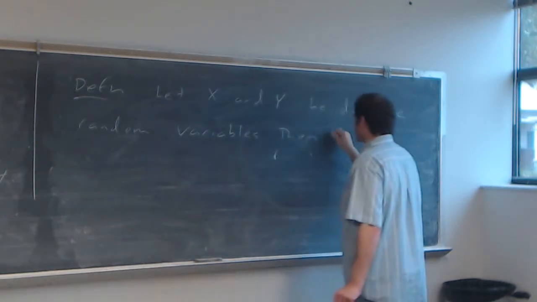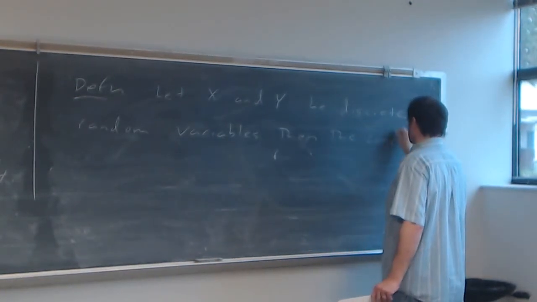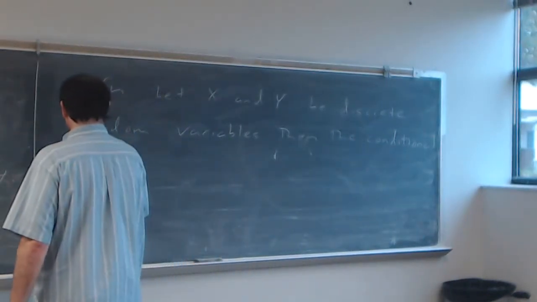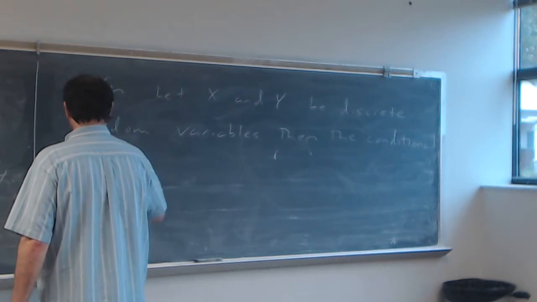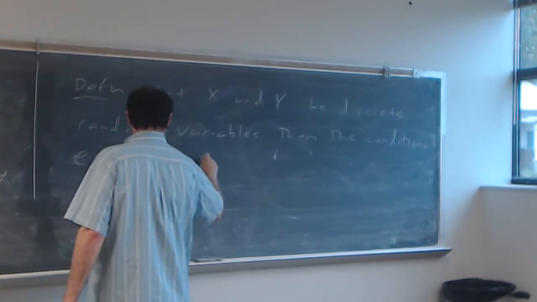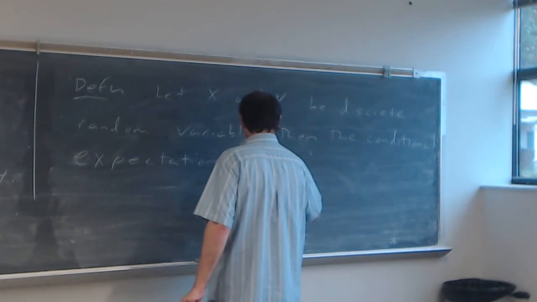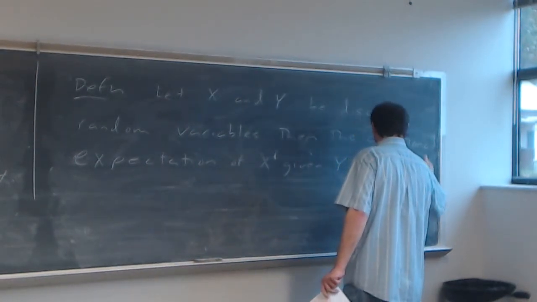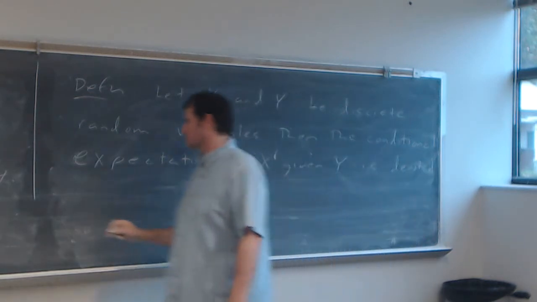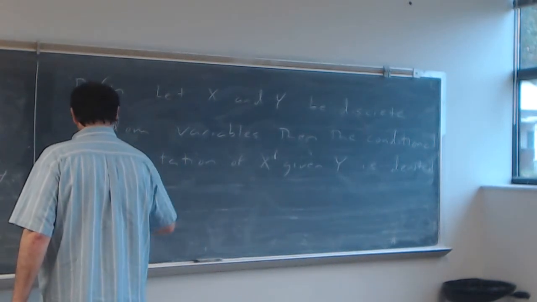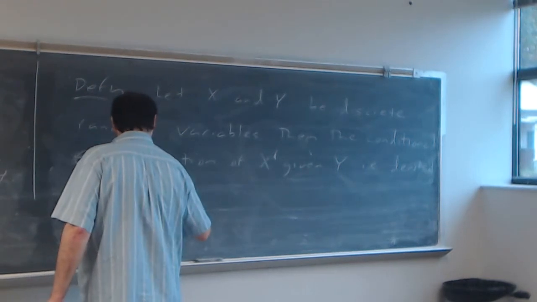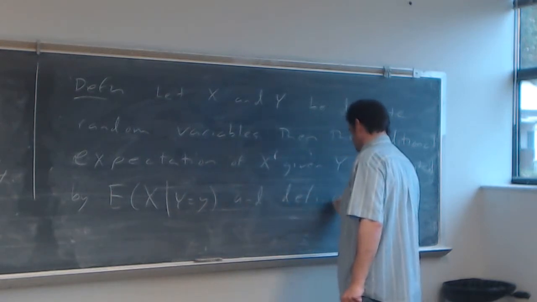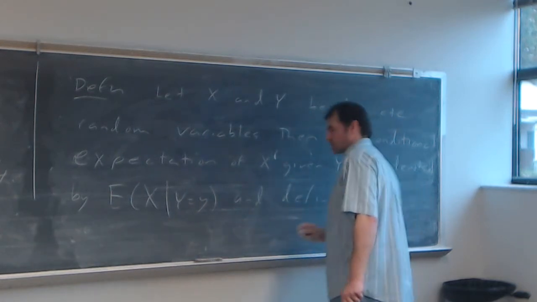Then the conditional expectation of X given Y is denoted by the expected value of X given Y equals y, and defined by, okay, so we'll call it a discrete random variable.